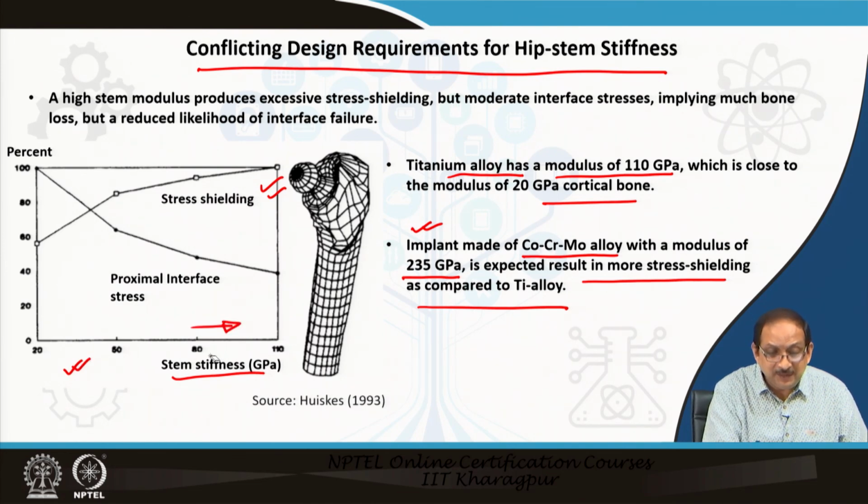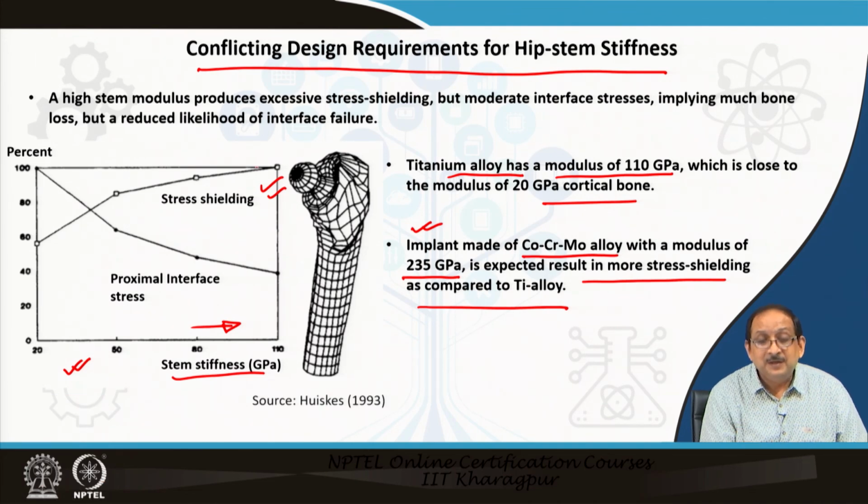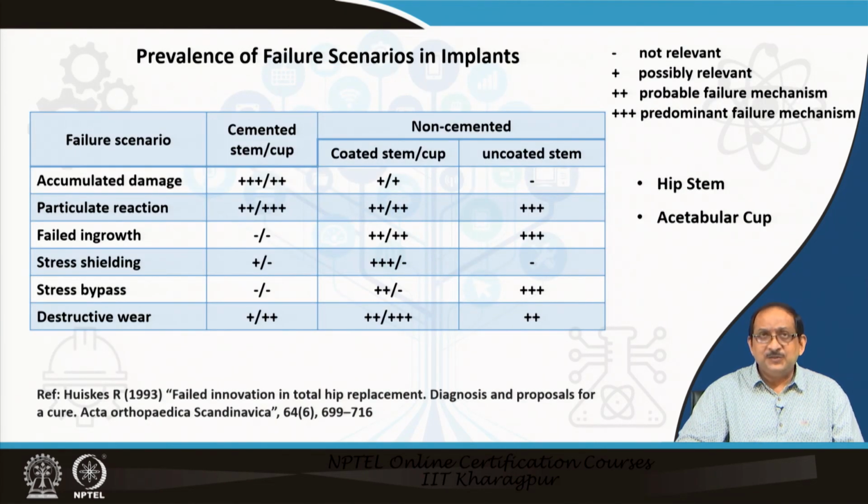With increase in stem stiffness, the chances of stress shielding and bone resorption increase as indicated by the curve, but result in a reduced likelihood of interface failure.